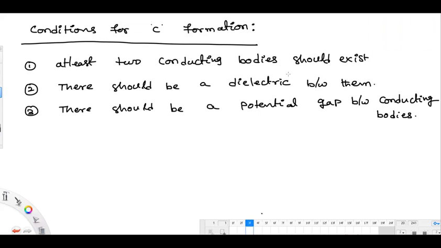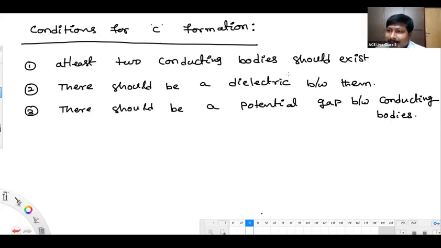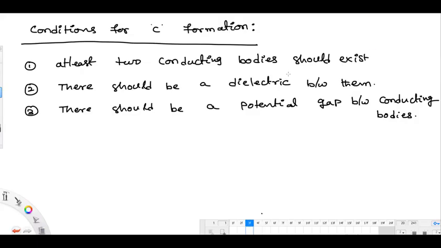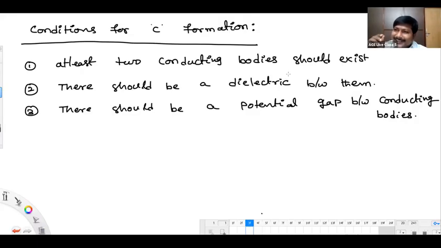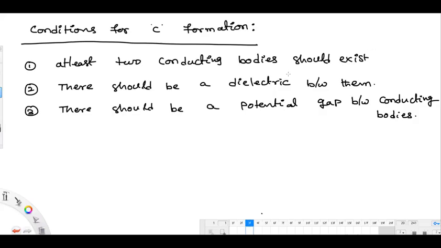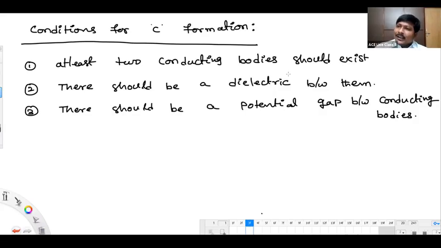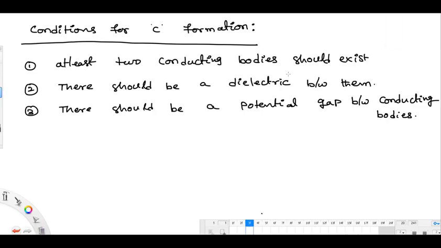To reduce it, we are moving to stranded conductors. But beyond stranded conductors, reducing skin effect may not be economical. To reduce the skin effect to a very low level, we have to make the strand size very, very thin. That's why we go up to some extent and we leave it. We are not making it zero.